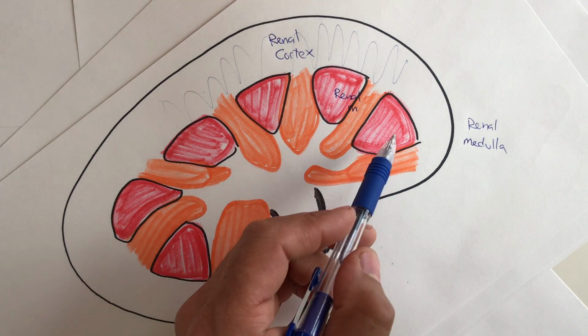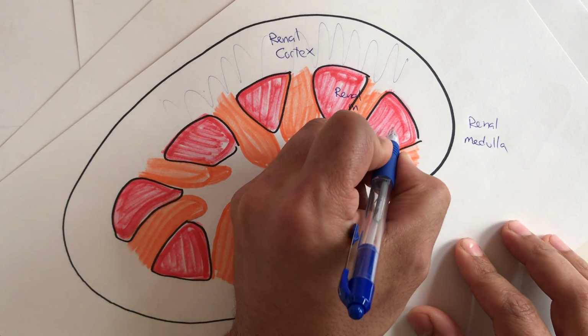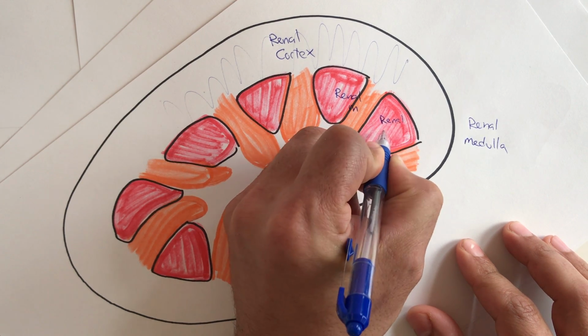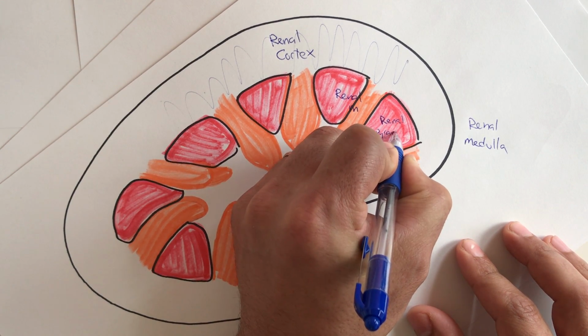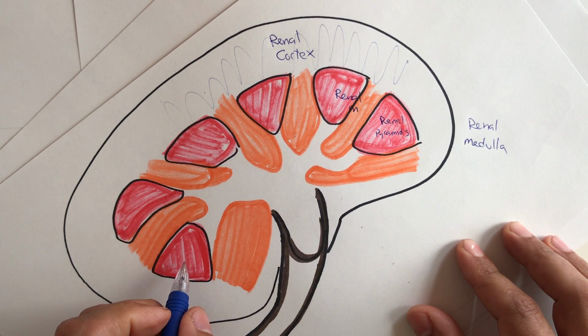Continuing on, we have these, they look like little triangles. Well, these are actually called renal pyramids. These are the renal pyramids, right here.